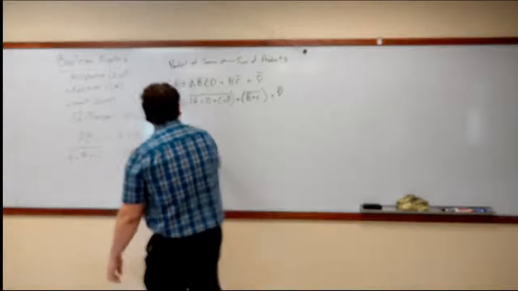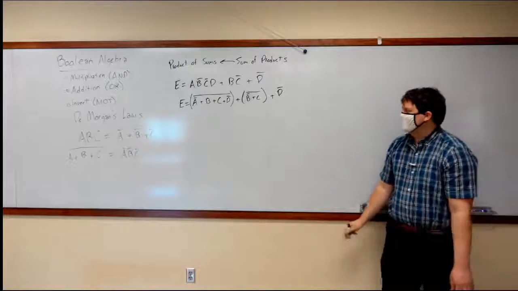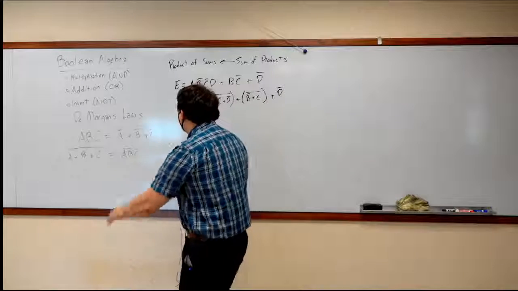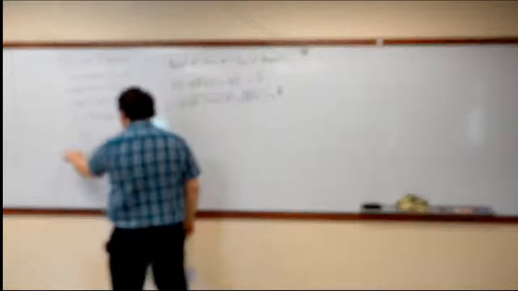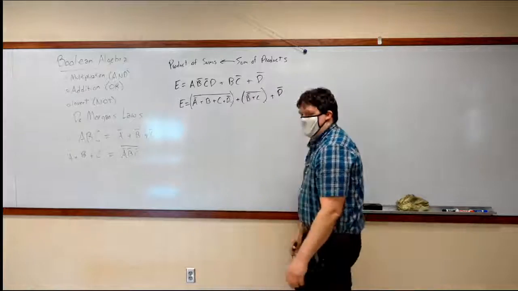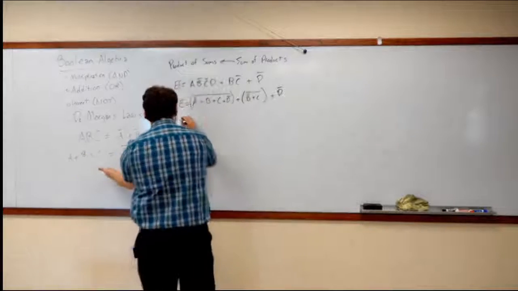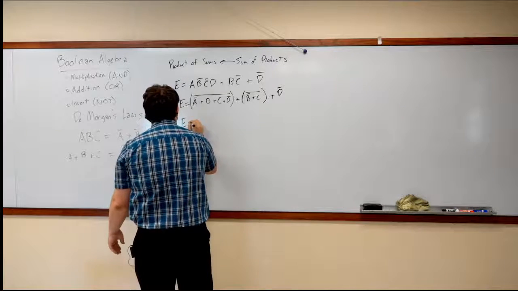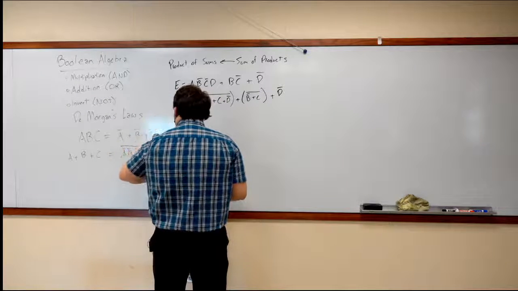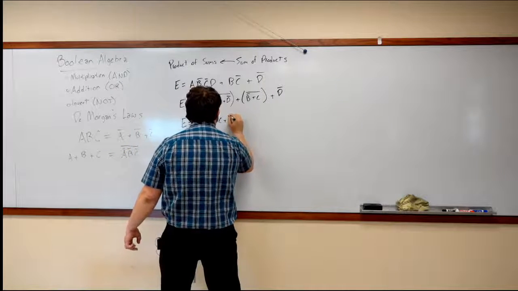All right. Okay, so we've taken each of these products and turned them into sums. Now we're gonna take each of these sums and turn them into a product, because we're gonna use this exact same principle. A plus B plus C is equal to A naught, B naught, C naught, not. So using this second principle, we then say E is equal to A naught plus B plus C plus D naught.